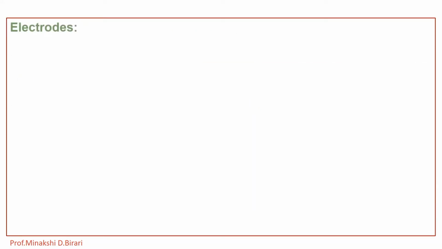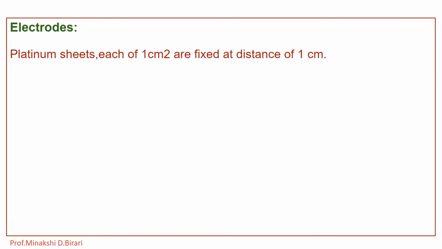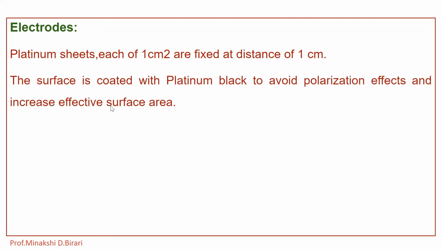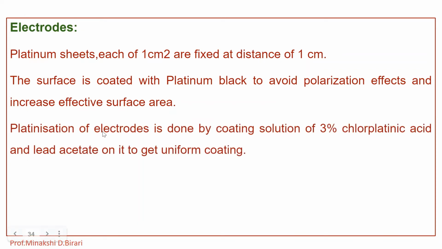Then the conductometer also consists of electrodes. What are electrodes? Platinum sheets, each of 1 cm square, are fixed at a distance of 1 cm. The surface is coated with platinum black to avoid the polarization effect and increase the effective surface area. Platinization of electrodes is done by coating a solution of 3% chloroplatinic acid and lead acetate on it to get a uniform coating.